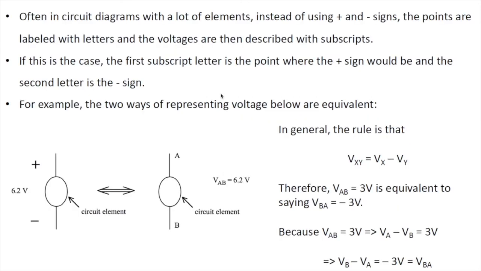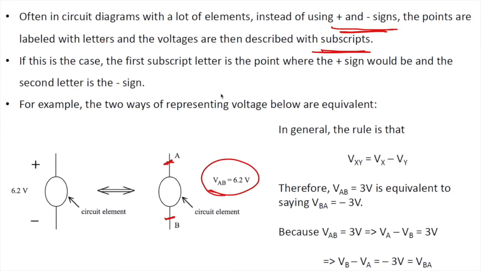In a circuit with a lot of elements, instead of using the plus and the minus sign, the points are labeled with letters and the voltages are then described with subscripts. So here we have A and B. VAB equals 6.2 volts.